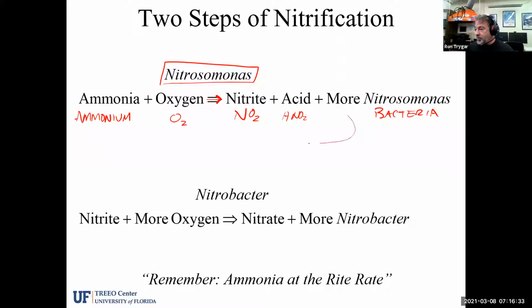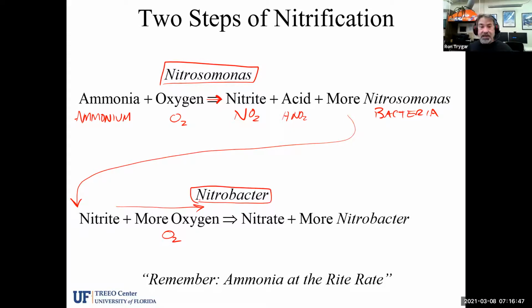Let's draw an arrow here and go this way. So we had nitrite, and we have more oxygen being added. This is O2, and we start this process this way. And we have another group of bacteria here called Nitrobacter. That's a genus name.